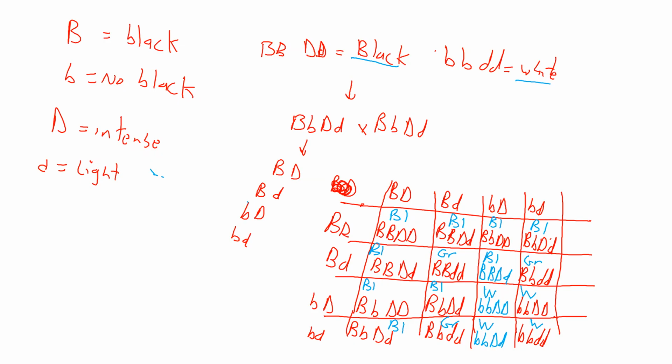So if we now start to look at the phenotypic ratio to see what we get, we have what? One, two, three, four, five, six, seven, eight, nine black ones, right? Then one, two, three gray ones.